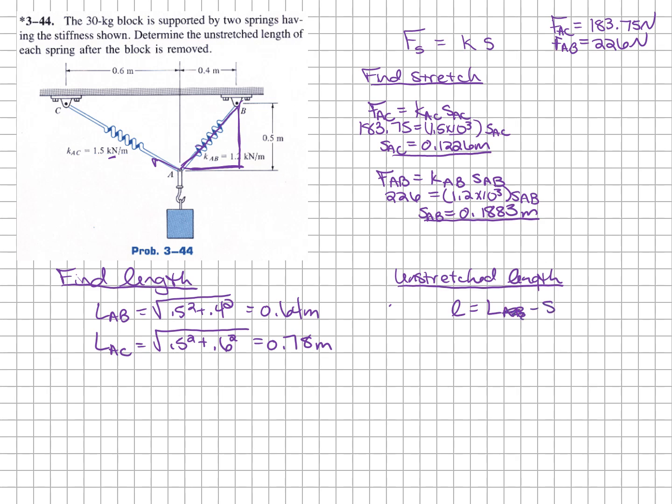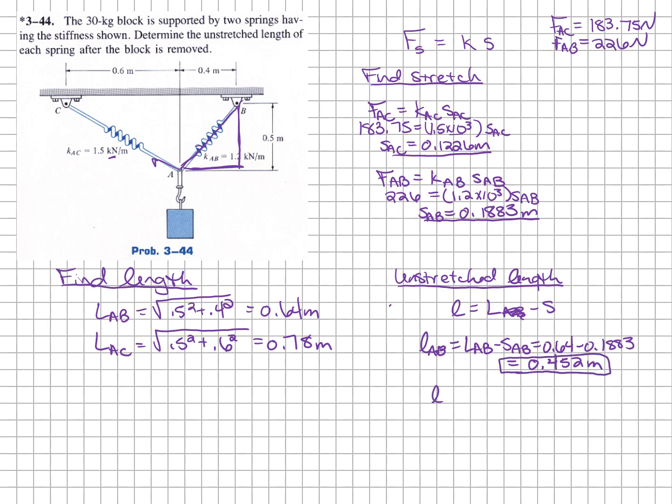So my little LAB will be big LAB minus my stretch of AB, or 0.64 minus 0.1883, which is equal to 0.452 meters. And so that's one of my answers.